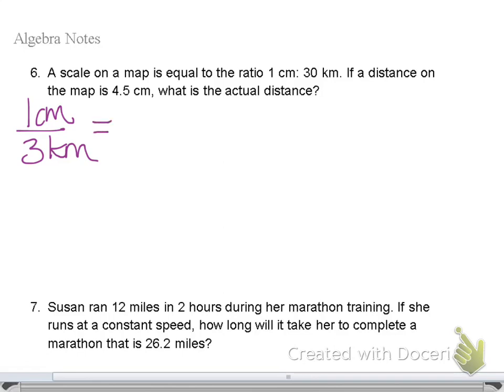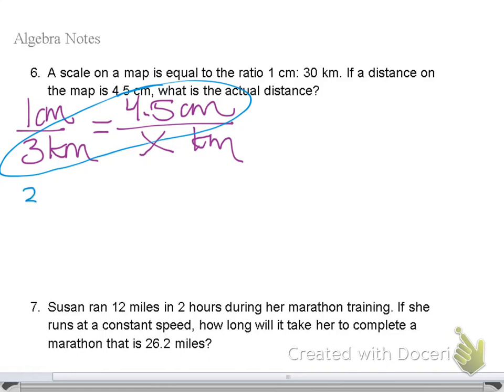So if we plug this in and put 4.5 centimeters on the top, and we're looking for the actual distance in kilometers. So we can cross multiply 3 times 4.5 is equal to x times 1, which is just x.